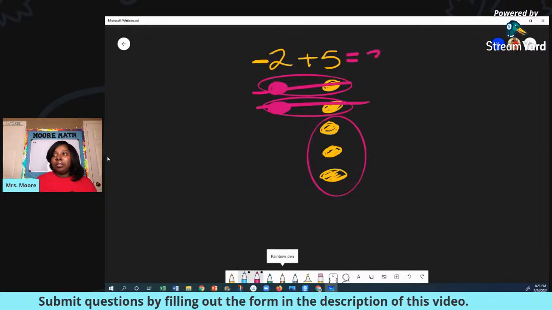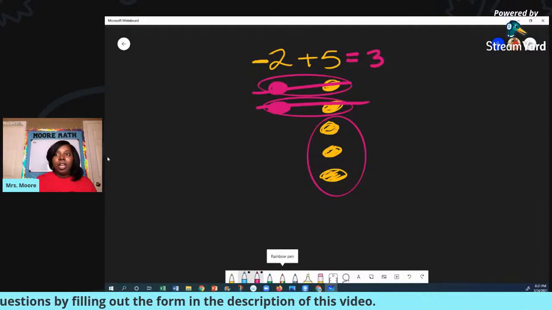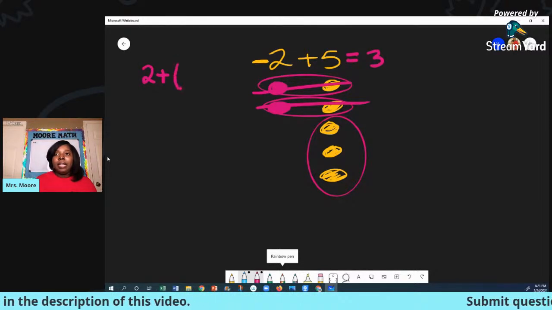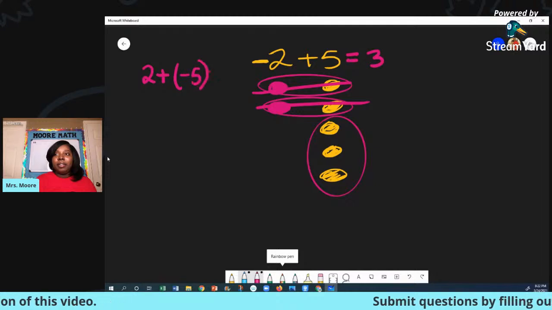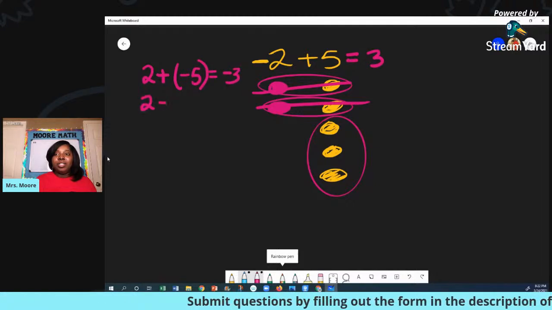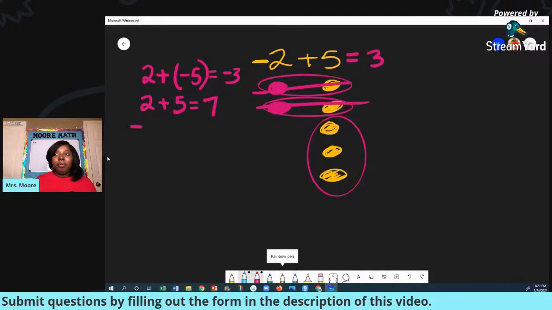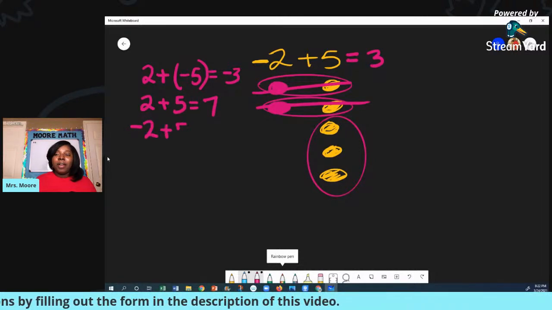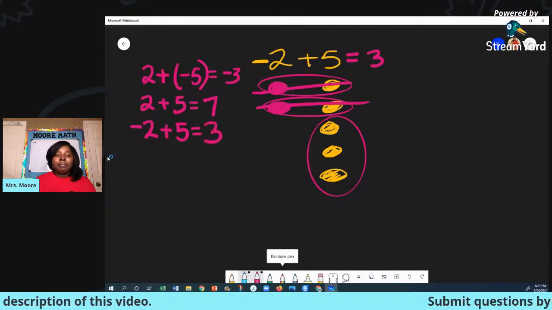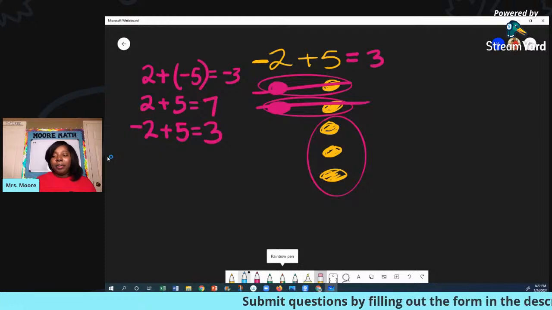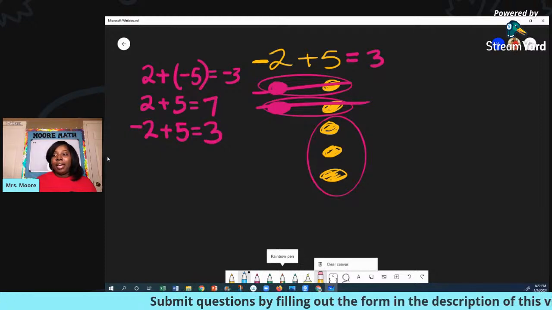Our answer is positive. When we had 2 plus negative 5, our answer was negative 3. When we had 2 plus 5, our answer is 7. When we have negative 2 plus 5, our answer is 3. Let's see if there's a pattern going on here.